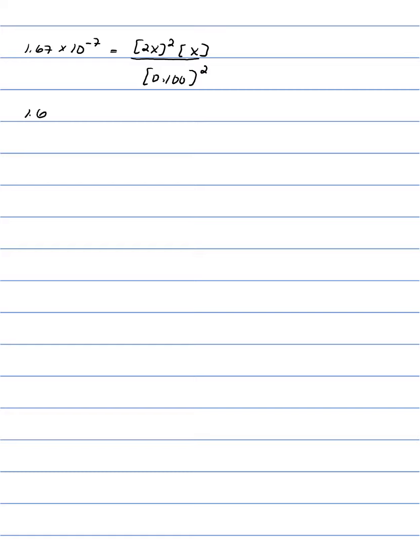So let's start solving this. 2x squared will be 4x squared, times x, that will be 4x cubed. 0.100 squared will be 0.01.